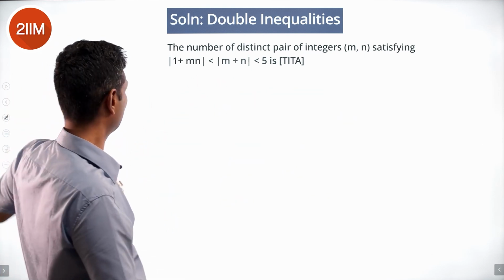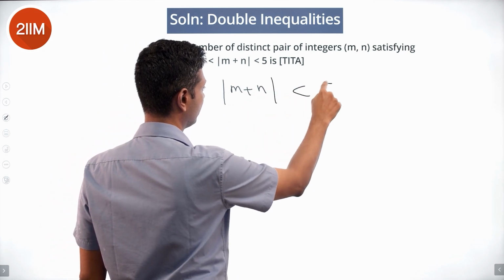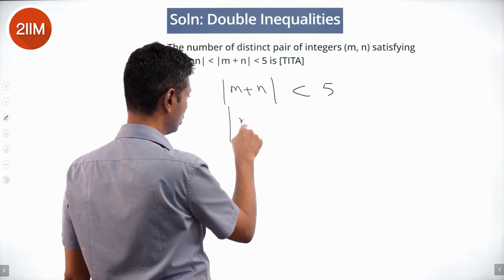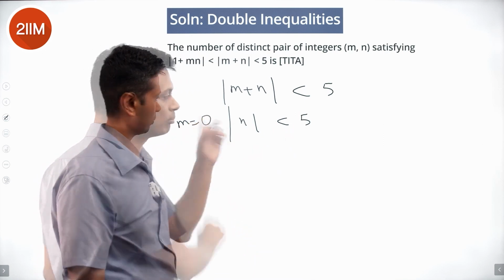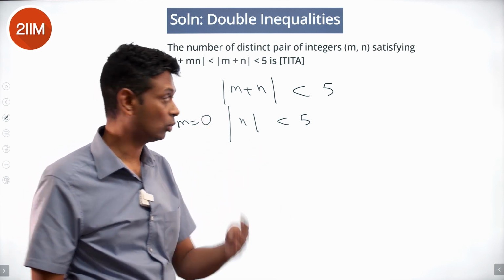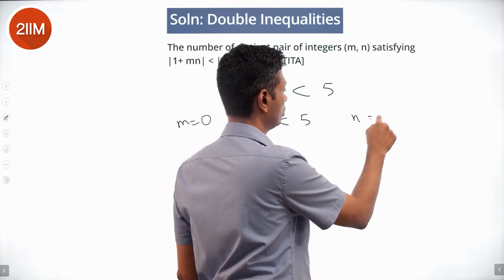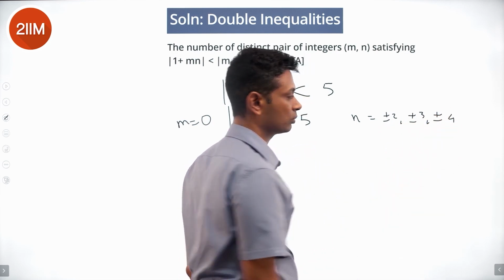So let's attack that. Modulus of m plus n less than 5. If m is 0, mod n less than 5. When m is 0, mod n less than 5, n has to be greater than 1, so 2, 3, 4. n could be plus or minus 2, plus or minus 3, plus or minus 4.